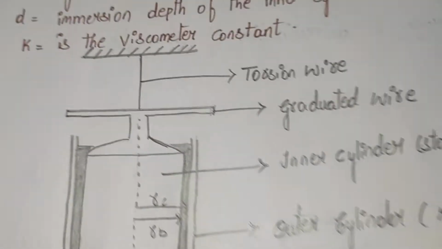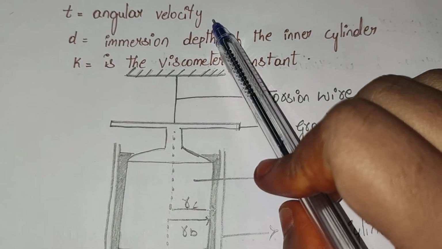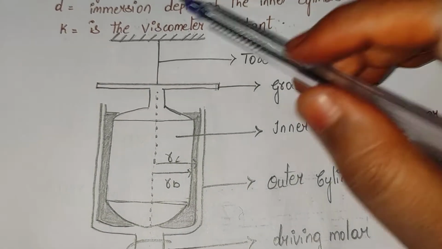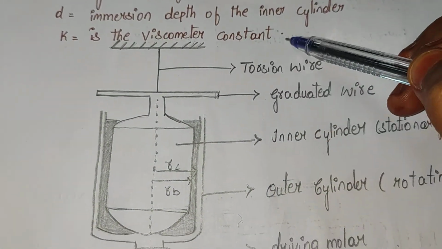And next, T is the angular viscosity, D is the immersion depth of the inner cylinder, and K is the viscometer constant.